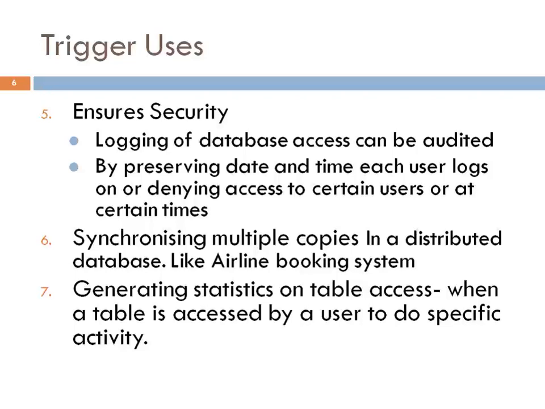Then next is synchronizing multiple copies in a distributed database. A distributed database is when the data of similar type is distributed at different locations, for example in an airline booking system. You want to synchronize the data stored at these multiple locations.